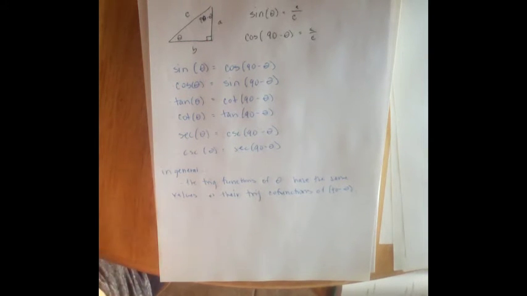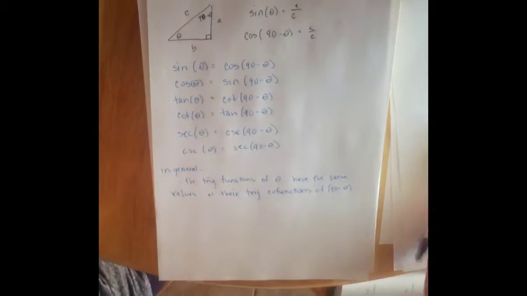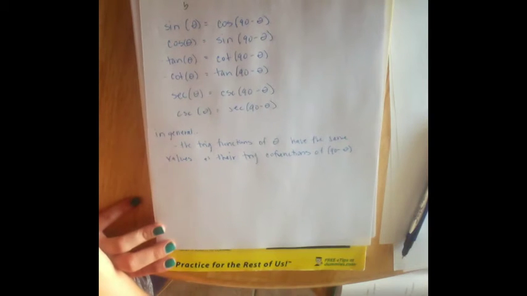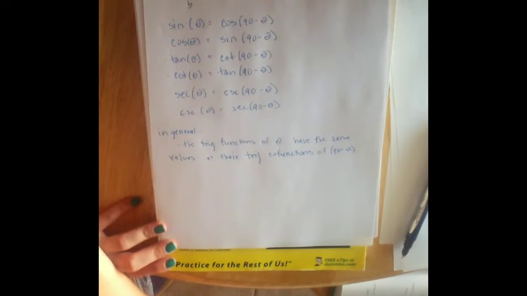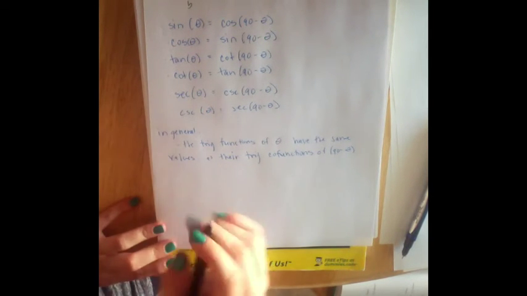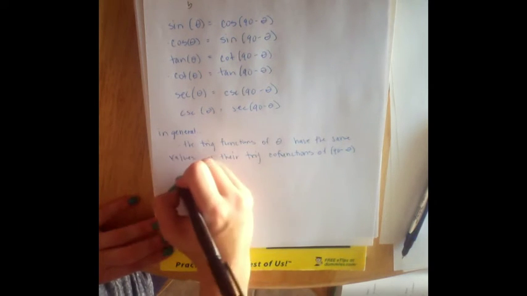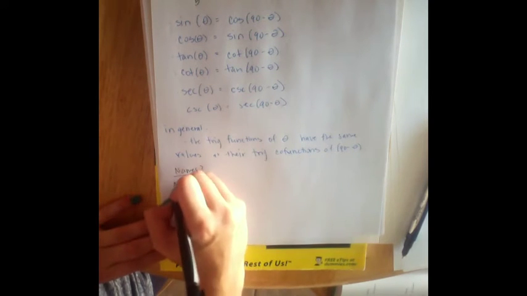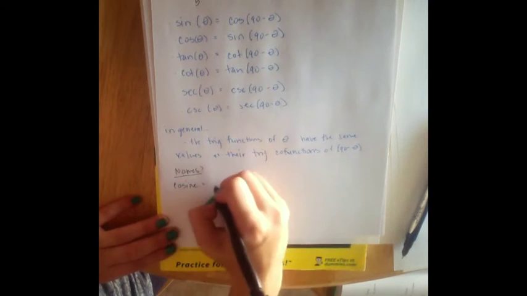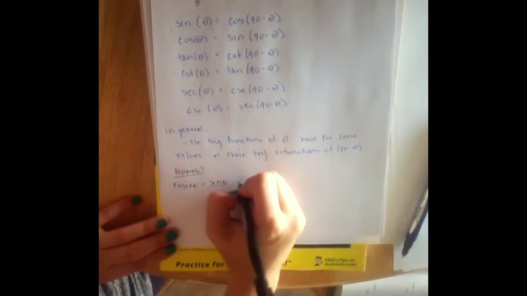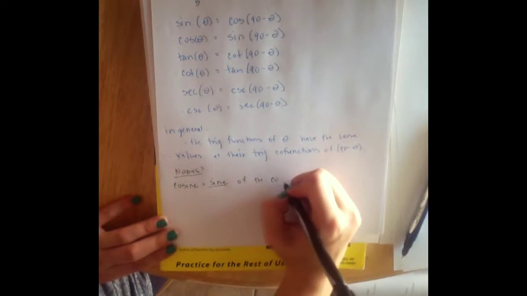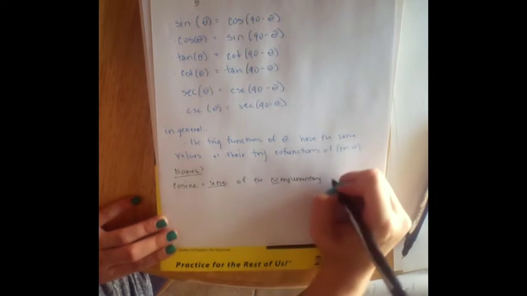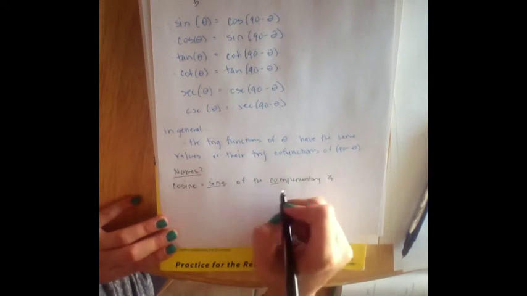Okay? Now, here's another trick to remember it by. Where did the names of these functions come from? Sine, cosine, tangent, cotangent, right? The names, where did they come from? Cosine is the sine of the complementary angle, right?